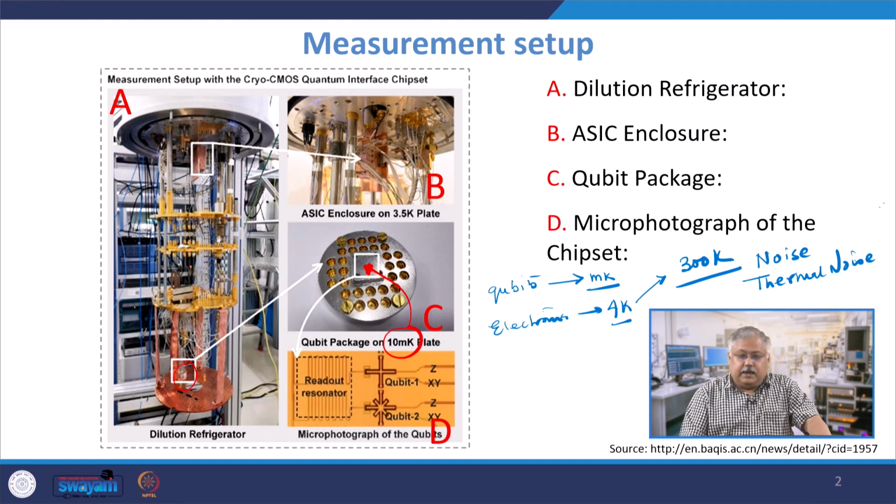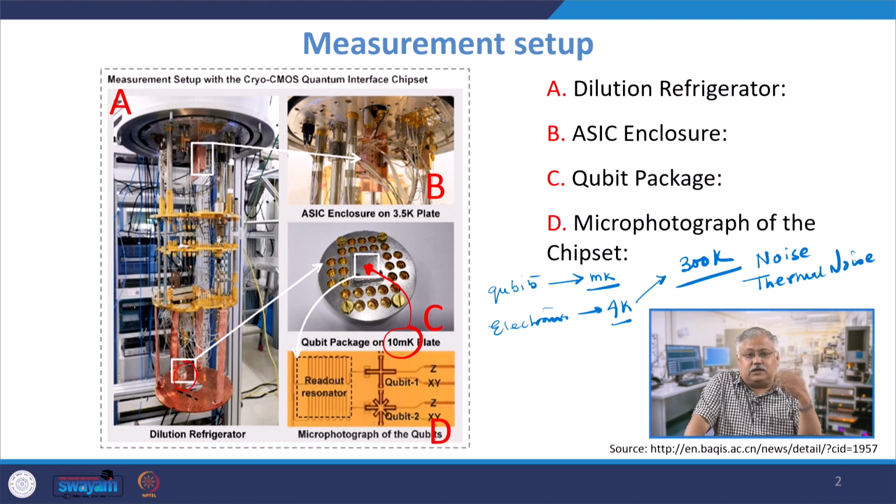Not only that, if you place your electronics very far away from the qubit, not only is maintaining low temperature for the electronics difficult, but you also add the resistances and capacitances of the extra wires which actually require to go from the electronics towards the qubit.